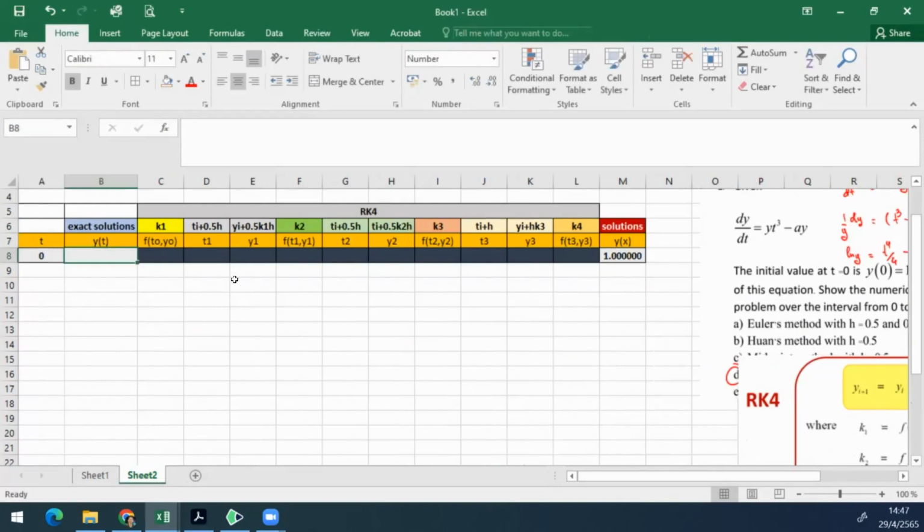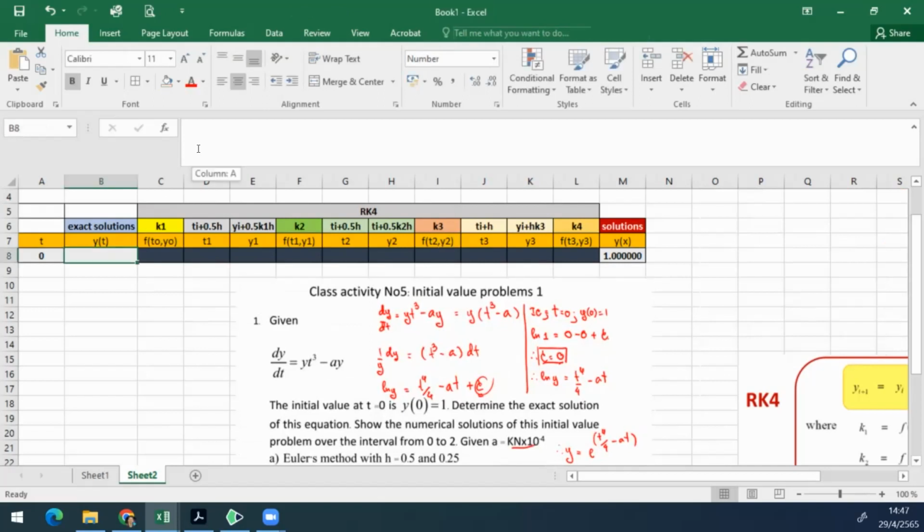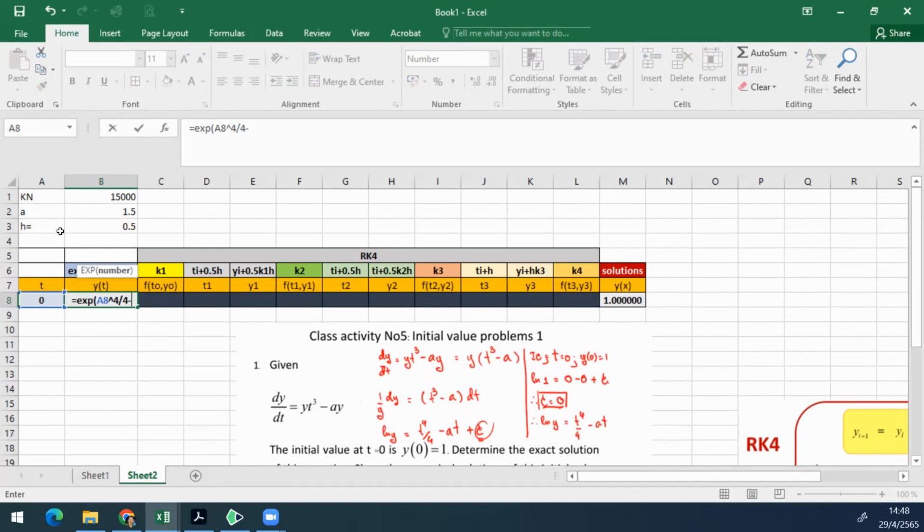So for the exact solution of this problem, it is equal to exponential of what? Of t power 4, right? Of t power 4, just for this case divided by 4, minus a t, right?